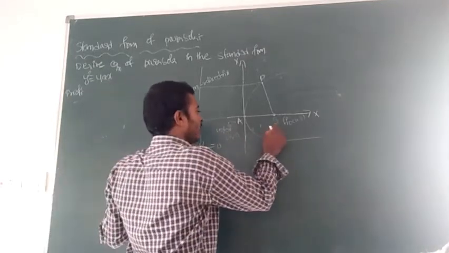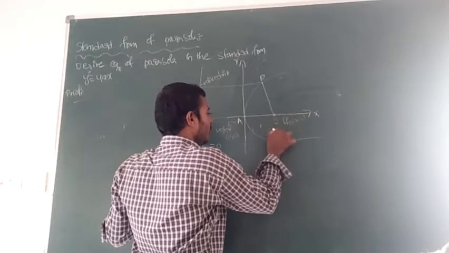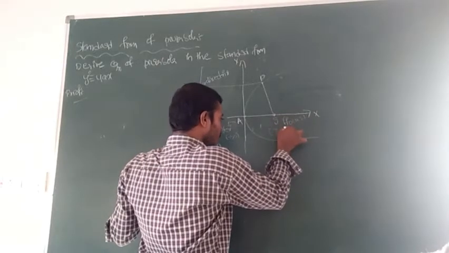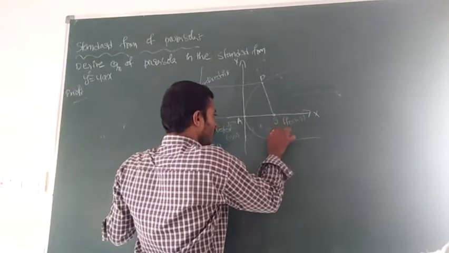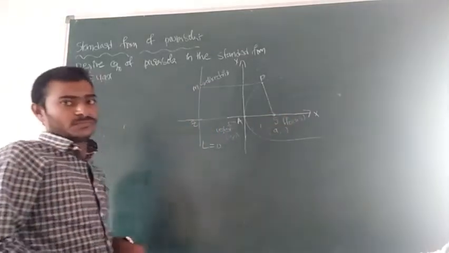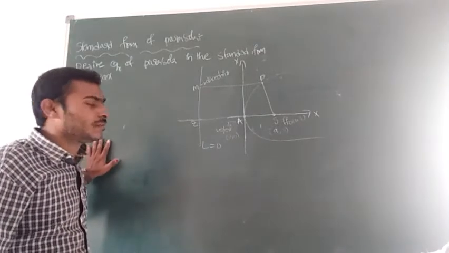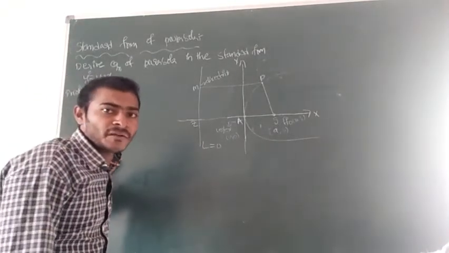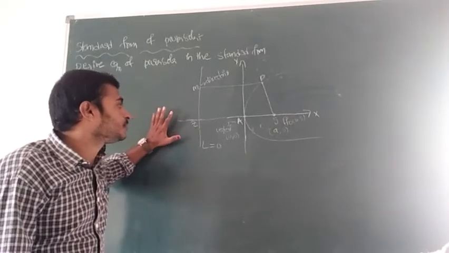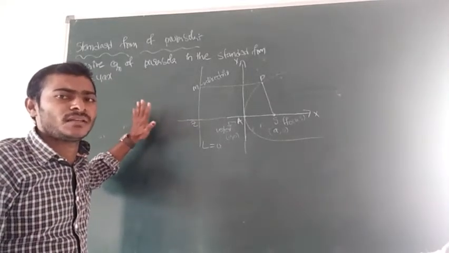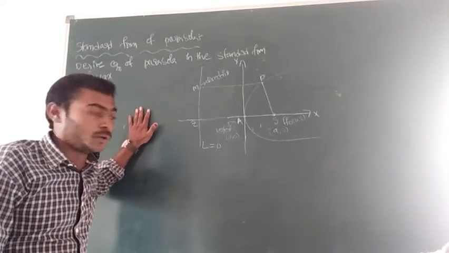Now S lies on the x axis in the plane, so we denote it as (a, 0). From this diagram we have to derive the standard form of parabola. You should know the diagram. From this diagram it is very easy to derive the equation of parabola.